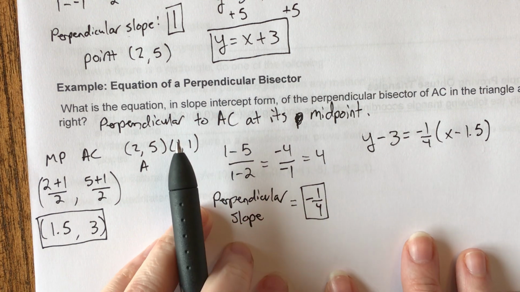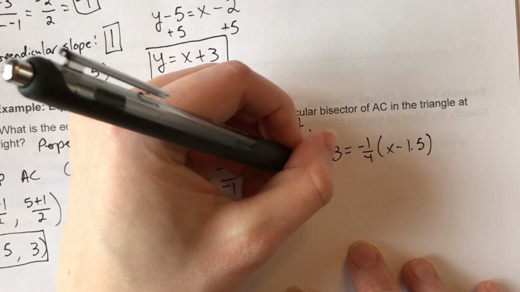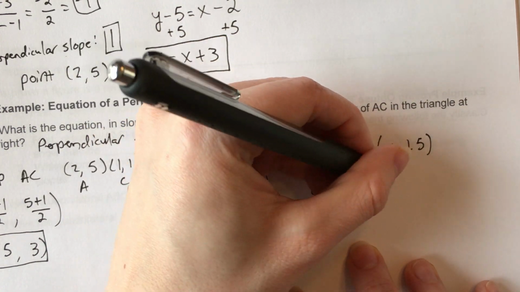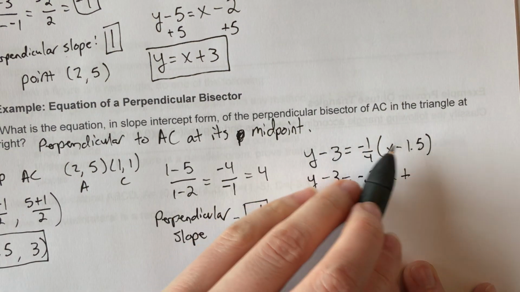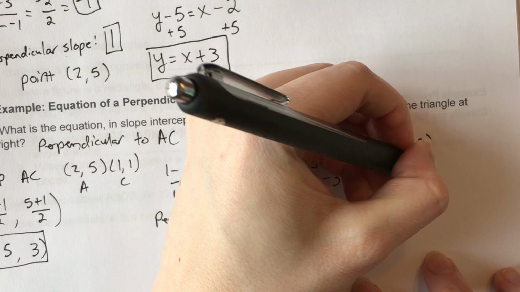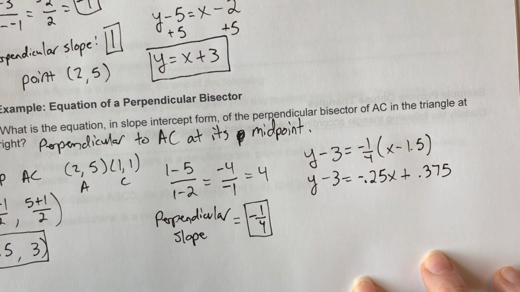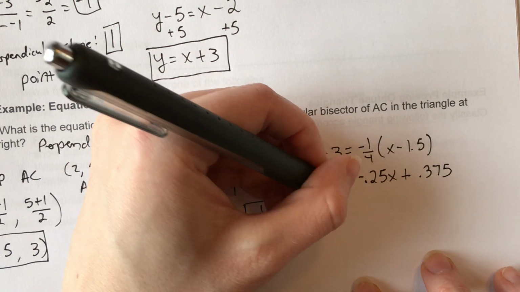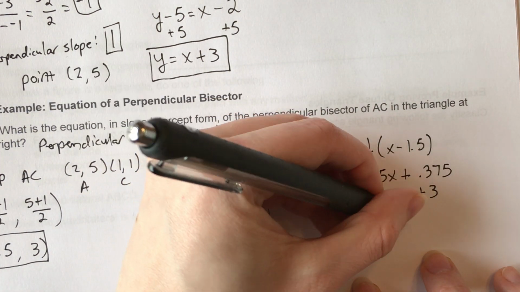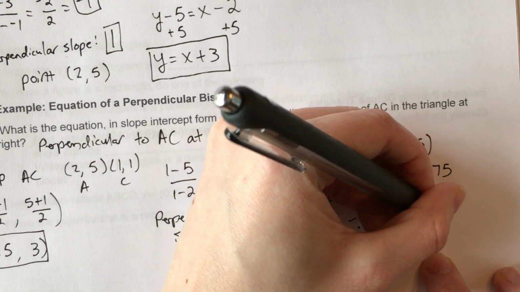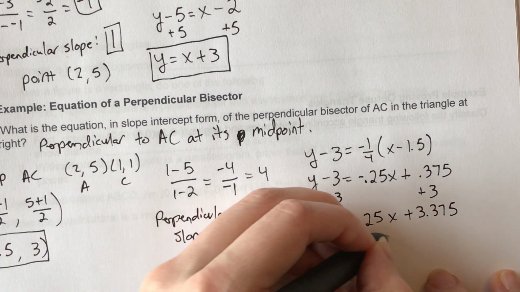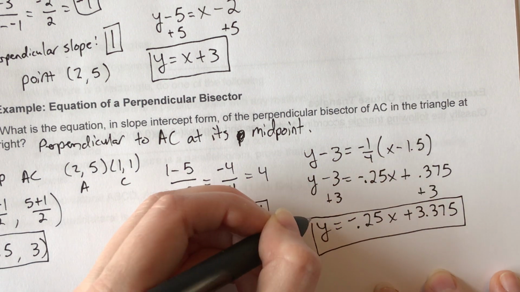So we'll take that and distribute. y minus 3 equals, I'm going to turn this into a decimal, negative 0.25x plus negative times negative, and then we've got 1/4 times 1.5, which is 0.375 as a decimal. And then we'll go ahead and add 3 to both sides, and we get y equals negative 0.25x plus 3.375. That's the equation of our perpendicular bisector in slope-intercept form.